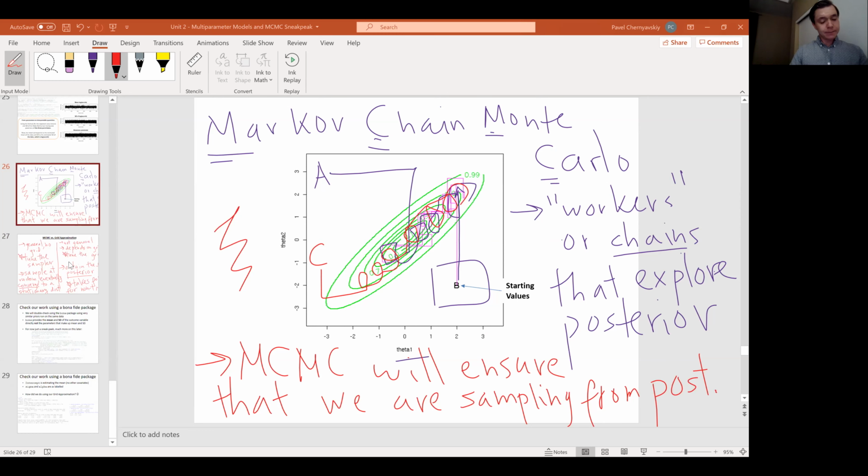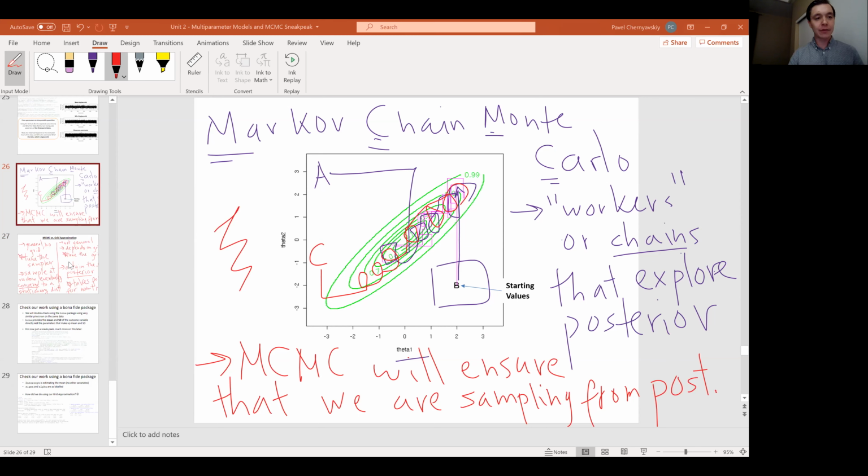Remember that before I took a sample of points and I summarized them using the posterior mean, median, credible interval. Now I'm going to pretend that I have samples from 3 separate chains. I'm trying to mimic what would happen in an MCMC sense with my grid approximation.